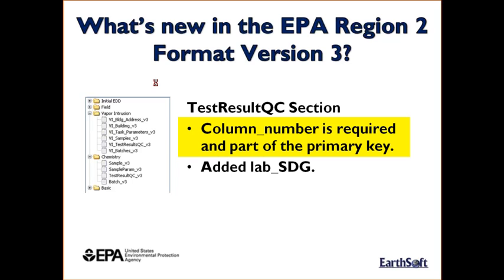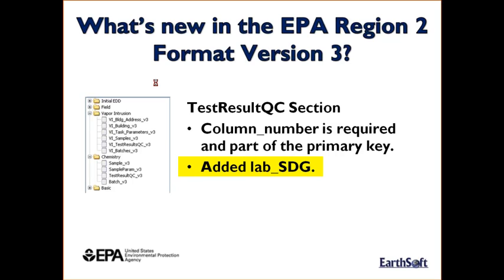The last item on that list says lab SDG, and the lab SDG was added into the test result QC section. The sample section contains a field called sample delivery group, which at the sample level is typically used for the field crews.